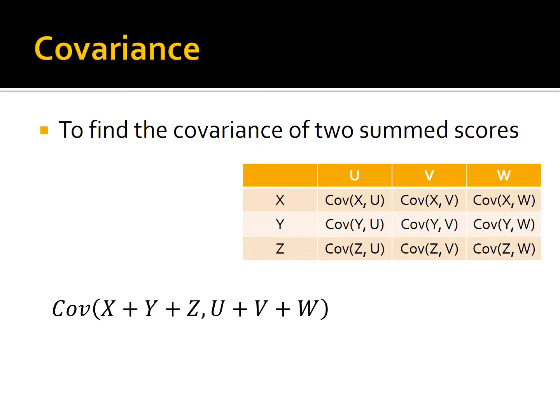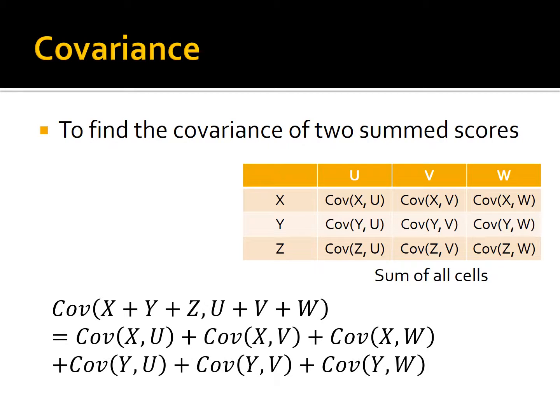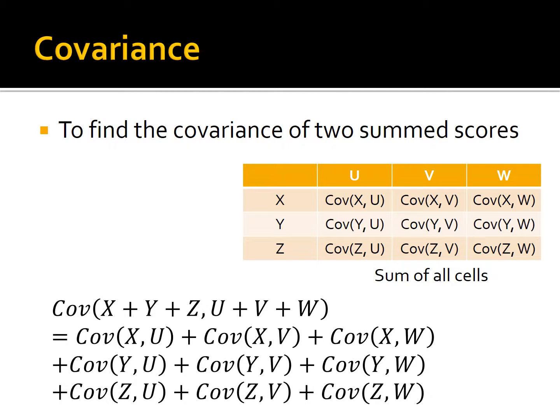Then you put the covariance of each individual pair inside the matrix. Then the covariance of two sums is the sum of all cells, right? So this term equals the covariance of x and u, x and v, x and w, plus the covariance of y and u, y and v, y and w, plus the covariance of z and u, z and v, and z and w.